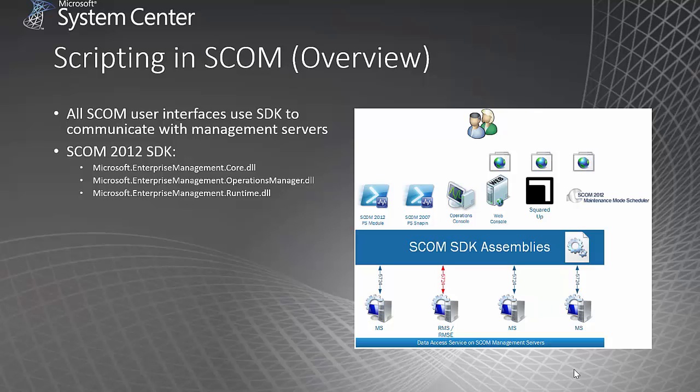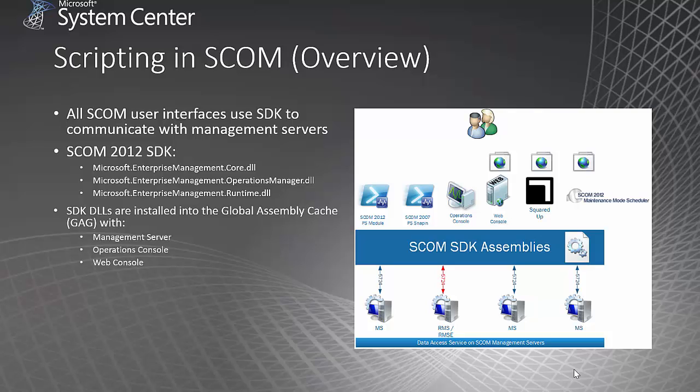So what are the SDK assemblies? There are 3 DLLs in 2012, and I think there are 2 DLLs in 2007. In 2012, it's 3 DLLs, and they are installed into your computer's global assembly cache as part of the install of the management server, operations console, or the web console.